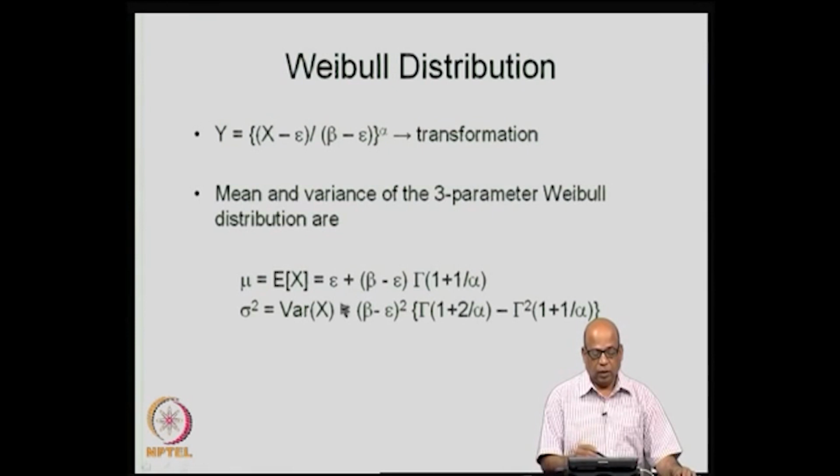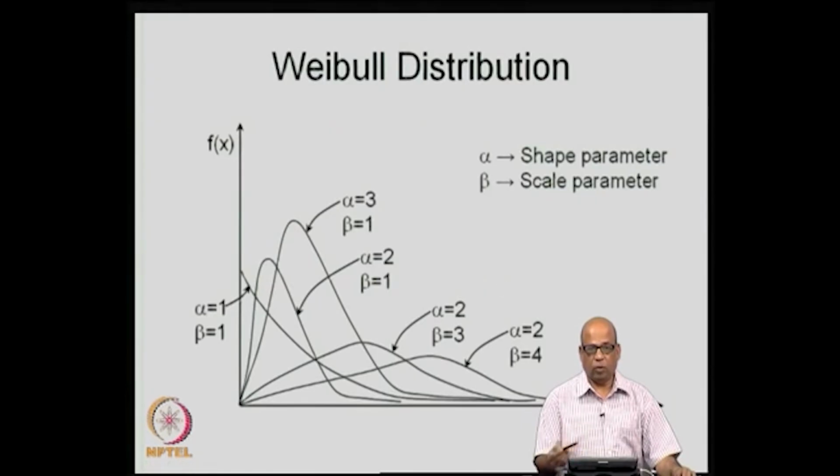Now, in this case again the moments, that is the first moment mu, is given by epsilon plus (beta minus epsilon) times the gamma function of (1 + 1/alpha), and the variance, which is the second moment about the mean, is given by (beta minus epsilon) square times [gamma function of (1 + 2/alpha) minus the square of the gamma function of (1 + 1/alpha)]. Again, from the sample estimates of mu and sigma square, you should be able to get the parameters, also using the third moment in that case, since we have 3 parameters.